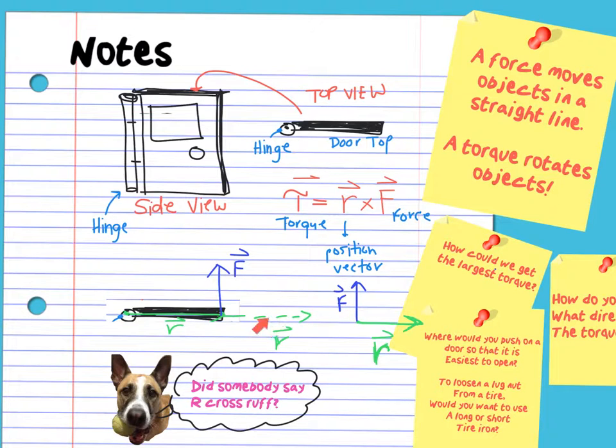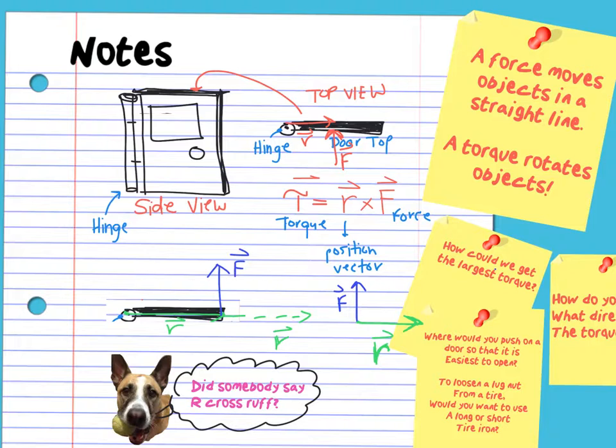So if you were going to place a force right here, then your moment arm would only be that big, and you would not be getting as big a torque as you possibly could.